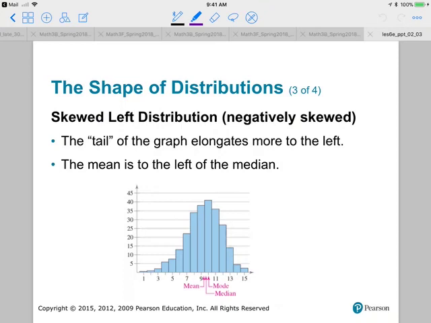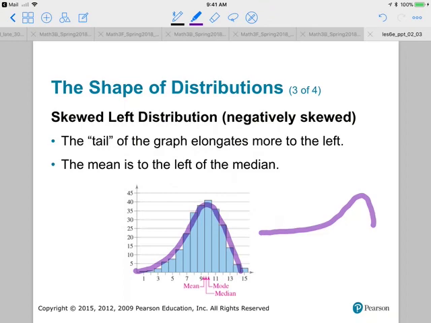Okay, now here we go. We're talking about left skewed and right skewed. So left skewed means that the left tail is a little bigger. I don't know if you can see, you can drag it out as much as you want. This is more extreme, left skewed, right? It's got a really long tail.